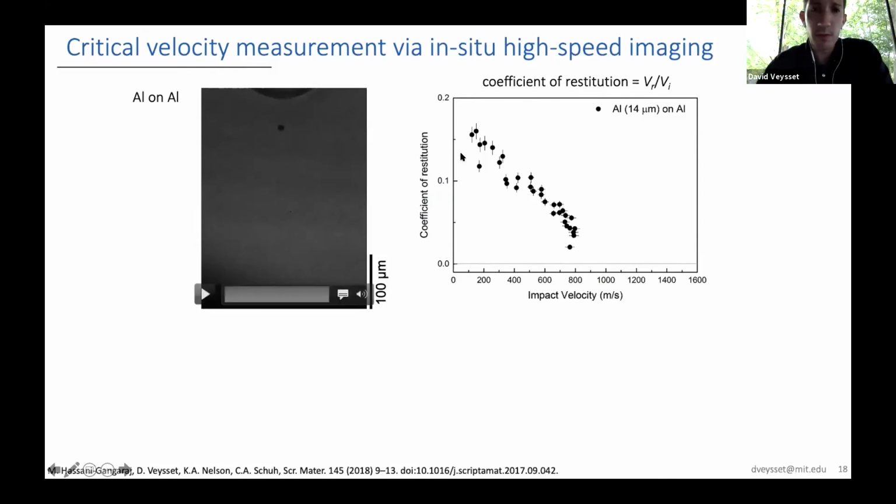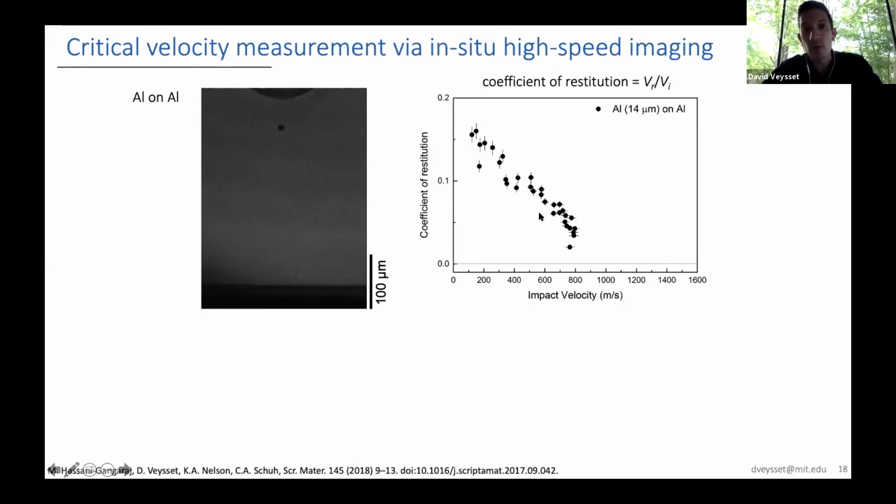Here I'm plotting what we call the coefficient of restitution, which is the ratio between the rebound velocity and the impact velocity, as a function of impact velocity. When the particle rebounds, this ratio is non-zero, and as the particle bonds, this ratio drops to 0.